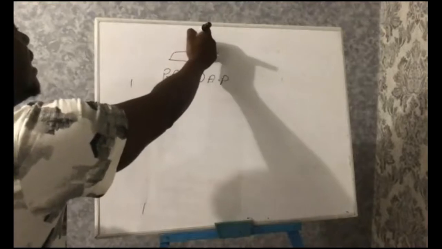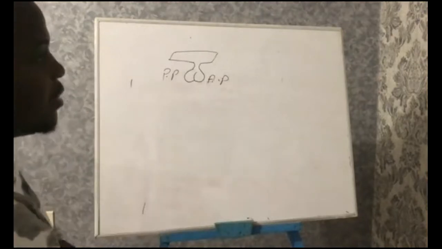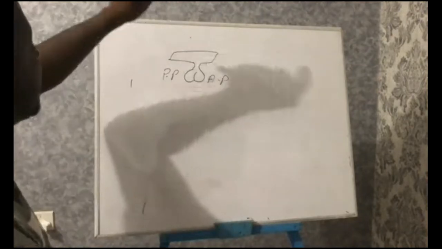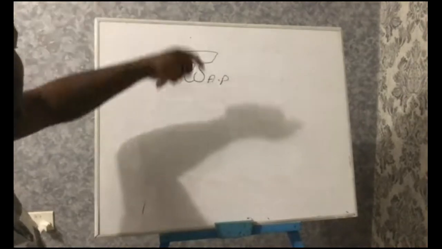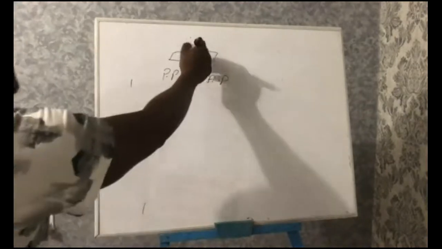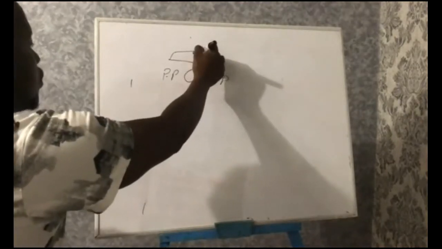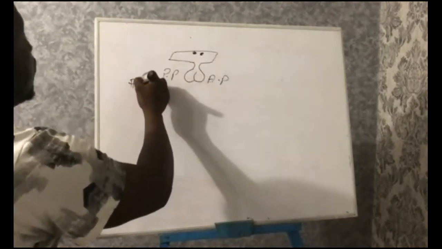Actually, the ADH is produced from the paraventricular nuclei. Okay, we have paraventricular nuclei, and we have this other one. What do we call it? Supraoptic nuclei. So these are found in the hypothalamus. And that is where the ADH and vasopressin are produced.